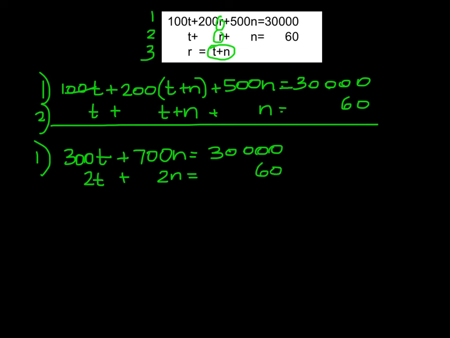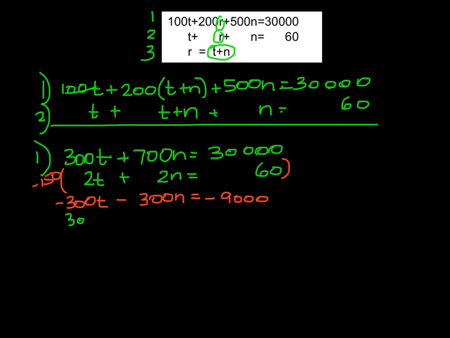Now I've brought it down from 3 variables, t, r, and n, to 2 variables, t and n. I'm now going to multiply this bottom equation by negative 150. So that will give me negative 300t minus 300n equals negative 9,000, and the top equation stays the same.